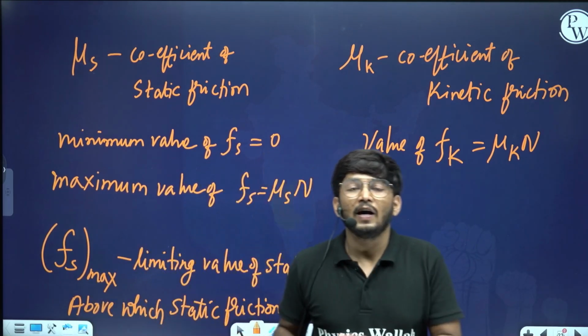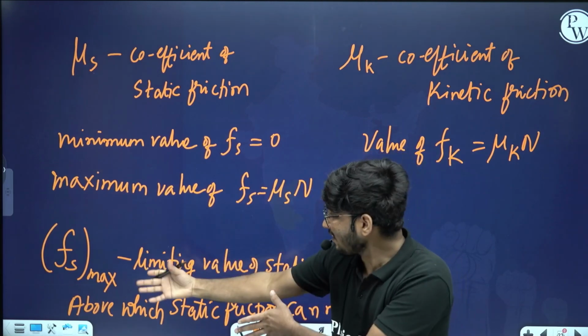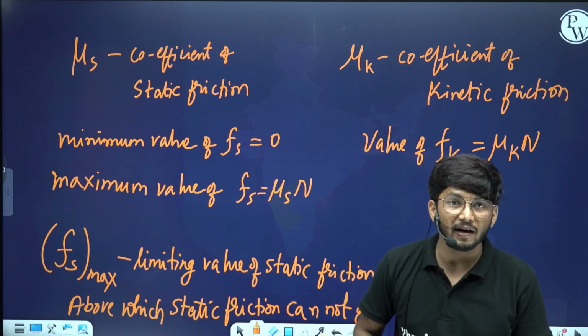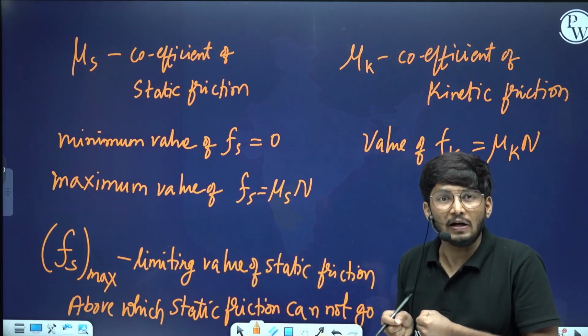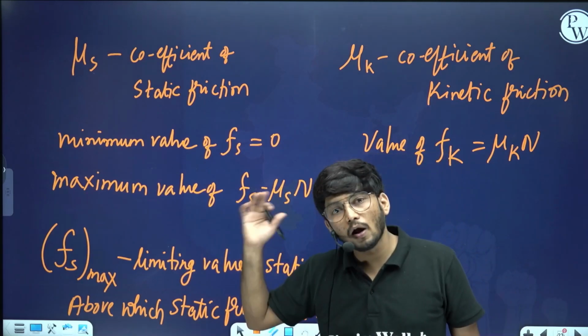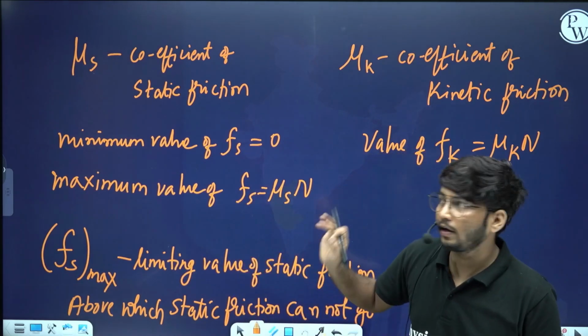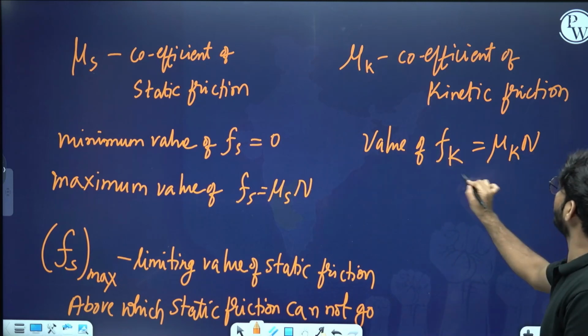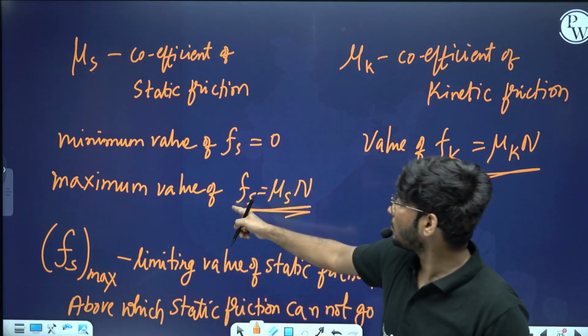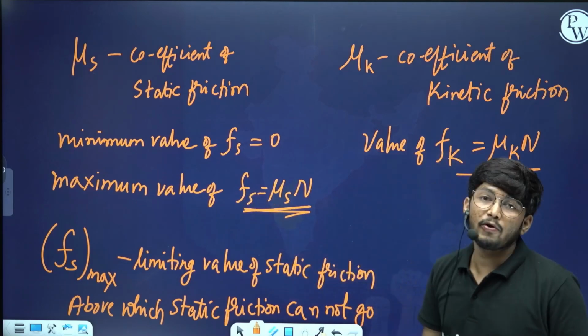If the external force is more than the limiting value of static friction, the external force can cause motion. In that case, static friction can no longer increase. Correct? So kinetic friction is mu k into N. The maximum value of static friction is mu s into N.